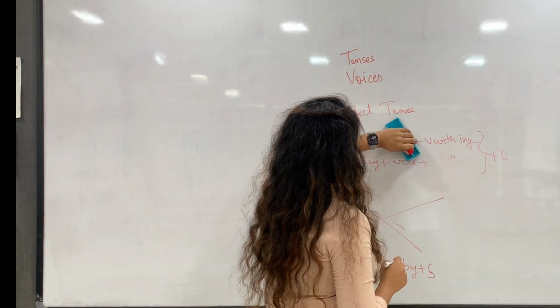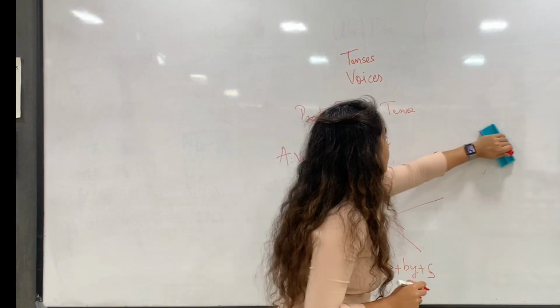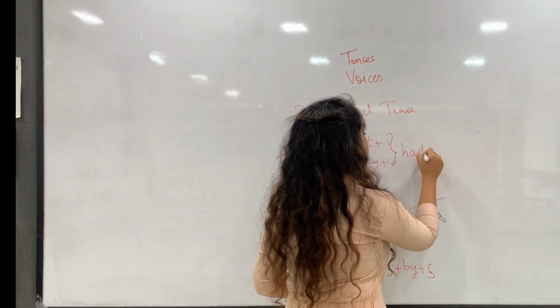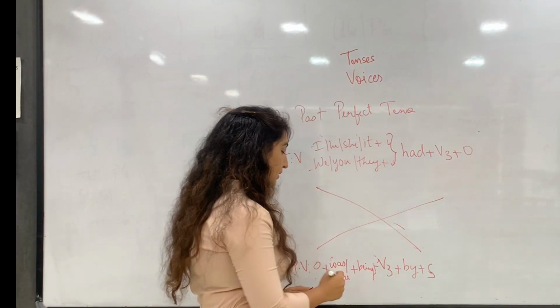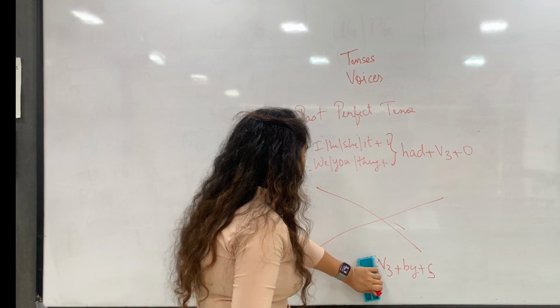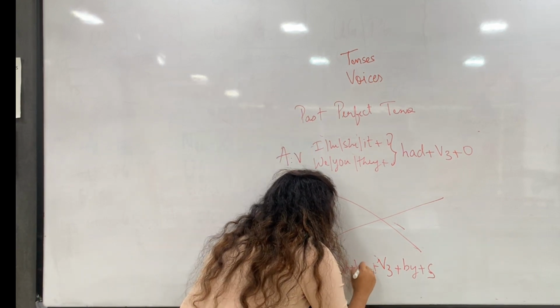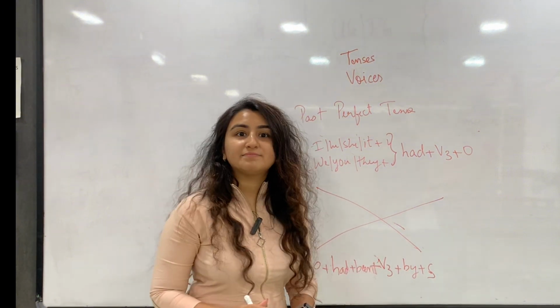All the subjects had plus V3 plus object. While you're converting them, had plus been plus V3, right?